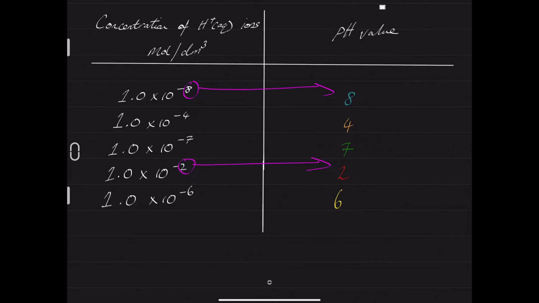Generally, exam questions will not go to this extent at GCSE. However, if you're given a concentration value represented in standard form, do not get phased by this. It's not a difficult way to deconstruct and figure out what the pH value is.